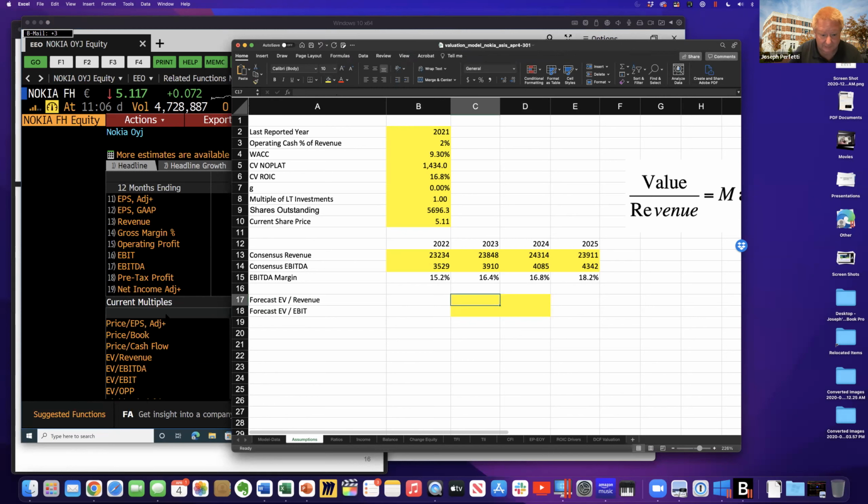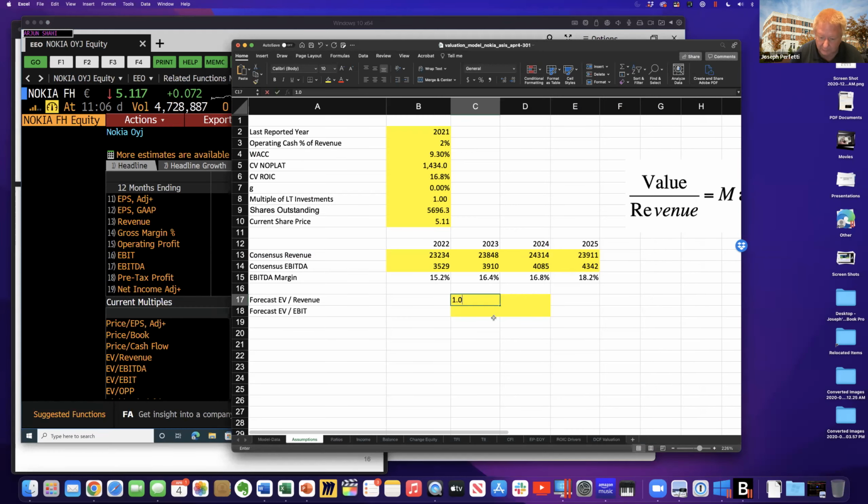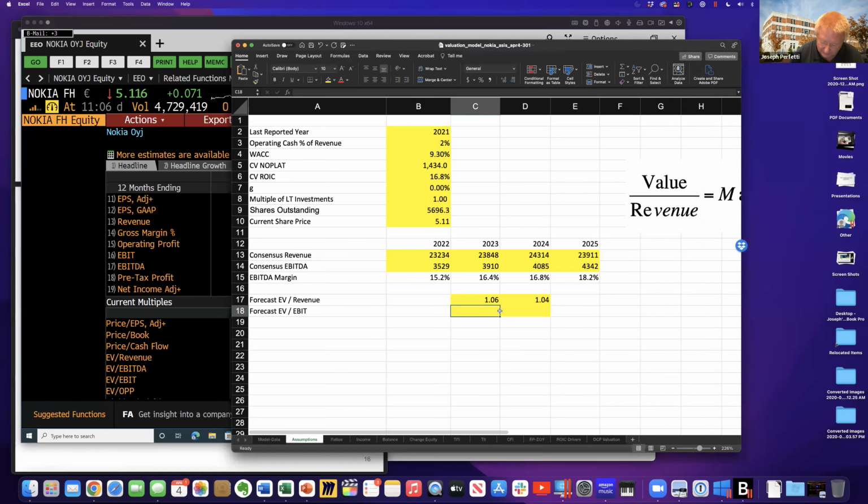So right now, based on that current share price, EV to sales is 1.06 and 1.04. And EV to EBIT is 8.38 and 7.79.